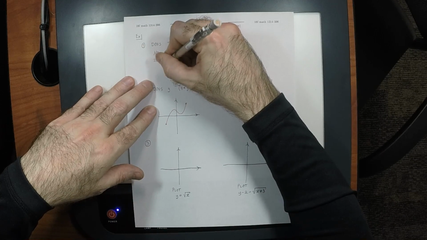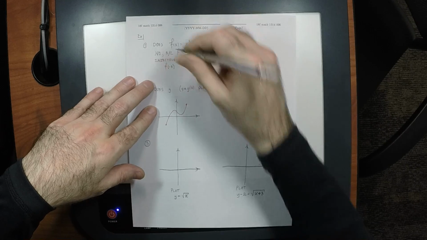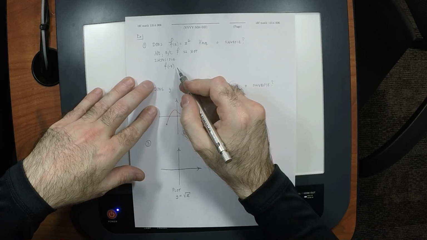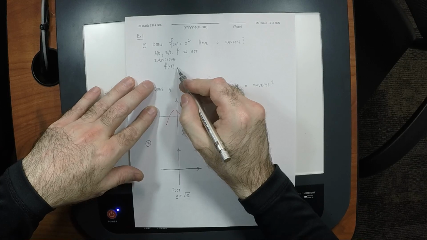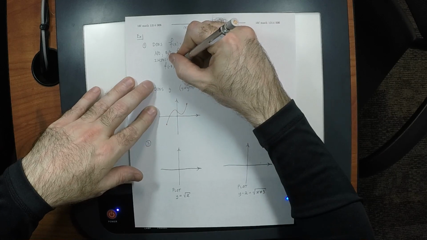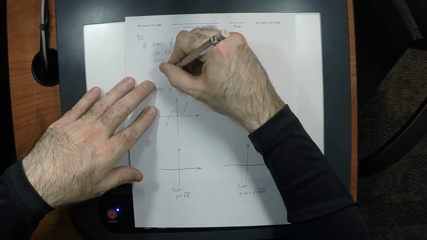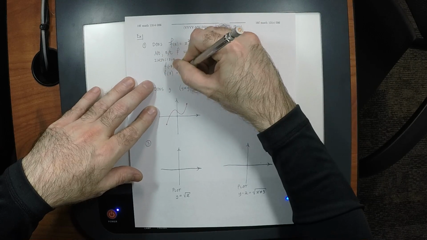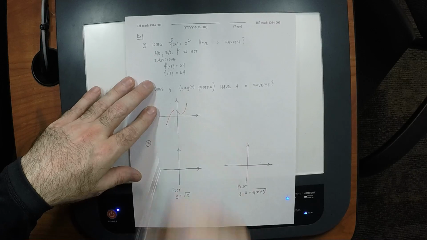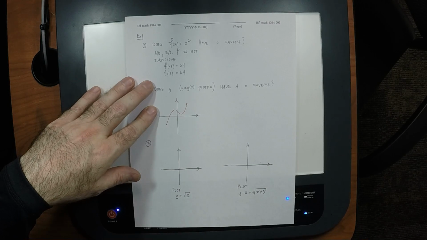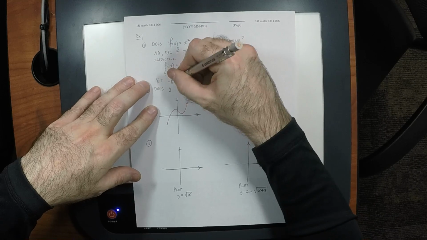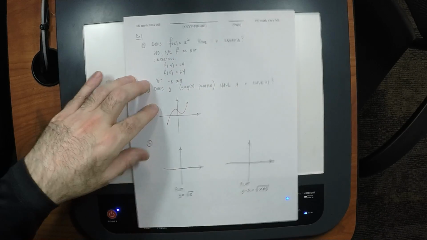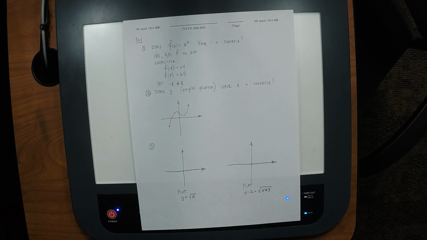What's f at negative 8? It's 64. And what's f at 8? 64. So the outputs are the same. You get 64 both times, yet negative 8 is not 8. So that's how you can say it algebraically.